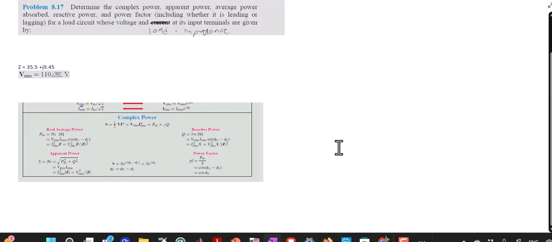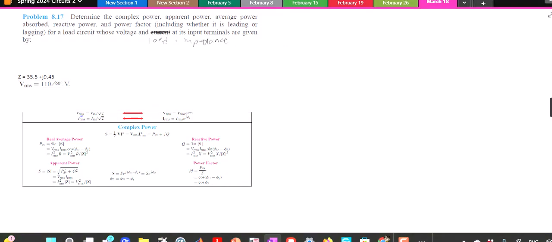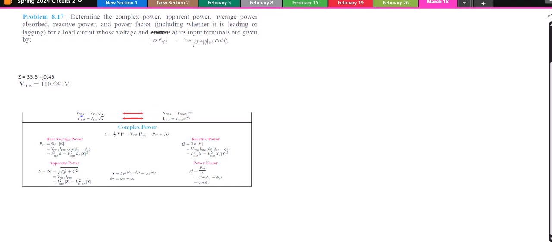Alright, so the first thing we see is that let's get the complex power, apparent power. I always like to just get the complex power. And so I'm going to find the current. You don't have to find the current, but I like the complex power because everything we need is right there.